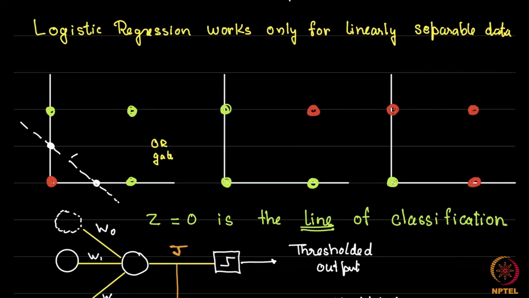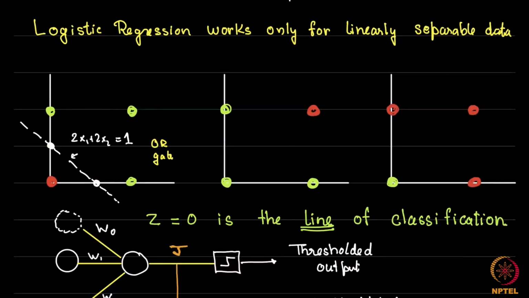So this would then be the line 2x1 plus 2x2 equal to 1. You can check this calculation very simply. If I set x2 to 0, then x1 is half. If I set x1 to 0, then x2 is half. So this is the line which passes right in the middle, and this is the classification line.